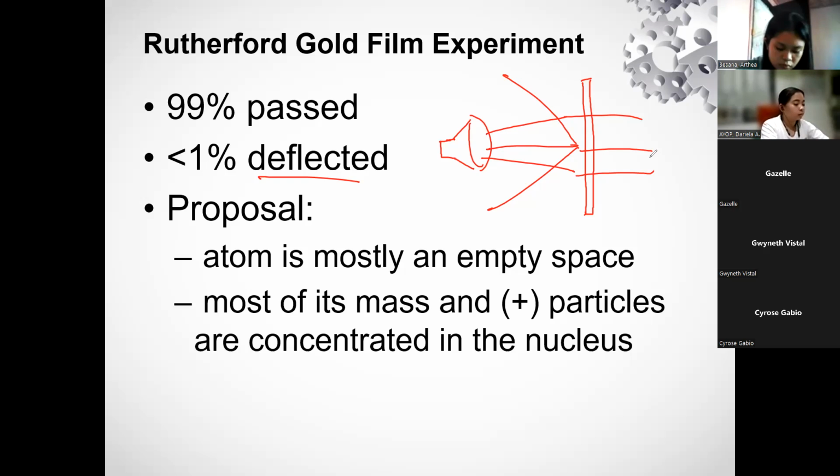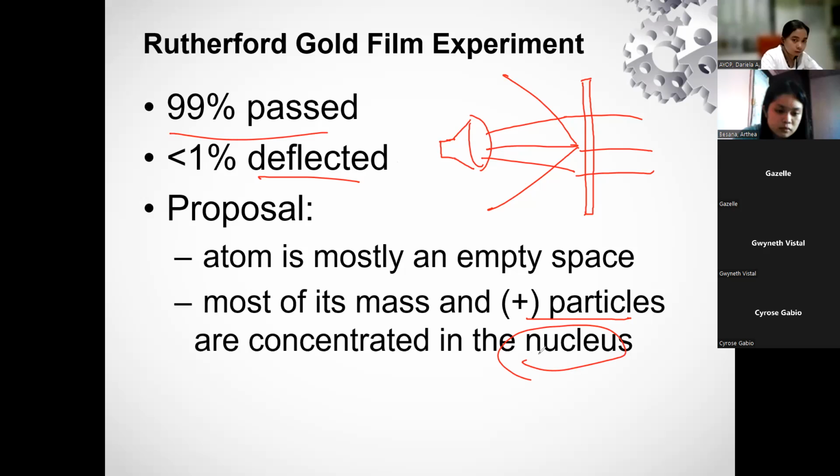And what was his conclusion? He said the atom is mostly empty space. That is why 99% of the light passed through. And the 1% of light that was deflected is the positive particles concentrated in the nucleus. So this is the discovery of the nucleus and the discovery of protons inside the nucleus. That is the 1% that was deflected.